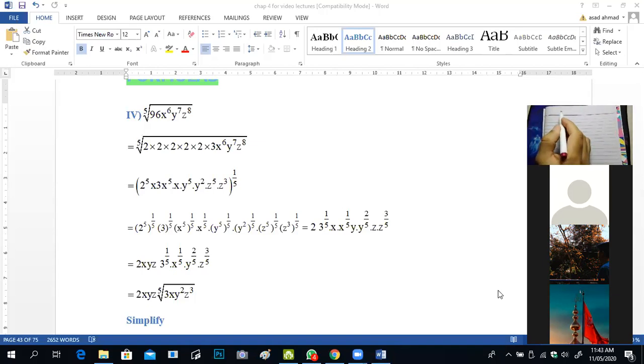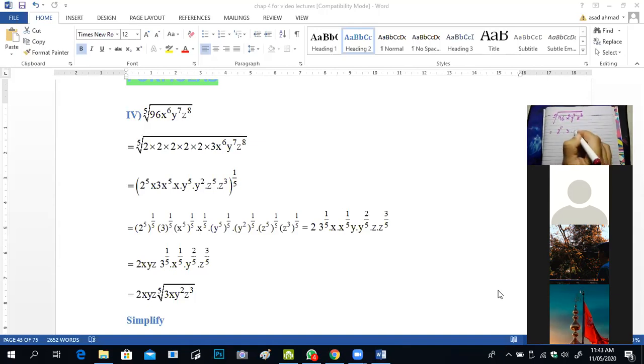If you keep it in your mind what we were doing, that we have split 96 x raised to power 6 y raised to power 7 and z raised to power 8 into two parts. This contains a fifth root, right? It is that sort of one. And because we have already done it, 2 raised to power 5 times 3, I'm not placing a multiplication sign right here.